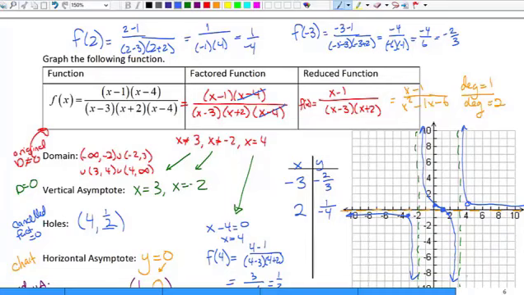Notice it does cross the horizontal asymptote, it does have a hole, it does have 2 vertical asymptotes, which gives us an example of pretty much anything that you're going to come in contact with on a rational function. So this concludes our lesson on graphing rational functions.